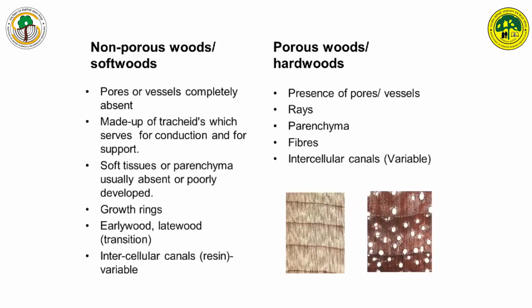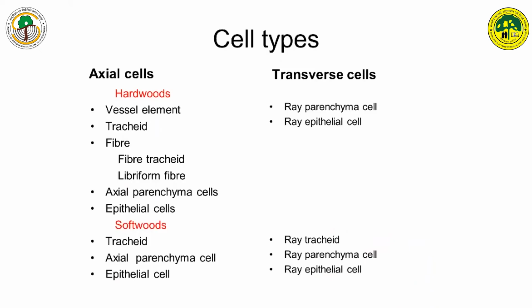And we should know before, in this subject especially, the woods can be classified into two types, that is non-porous, also called softwood, and the porous wood, also called hardwood. So what are the main elements in the non-porous and porous wood which we will be seeing under the microscope?